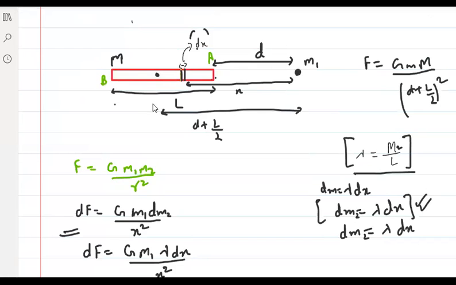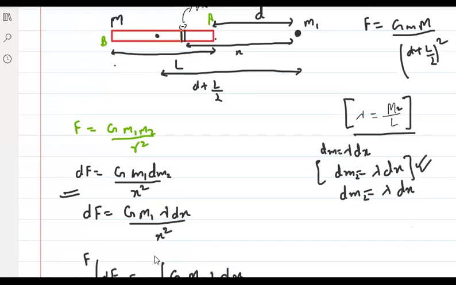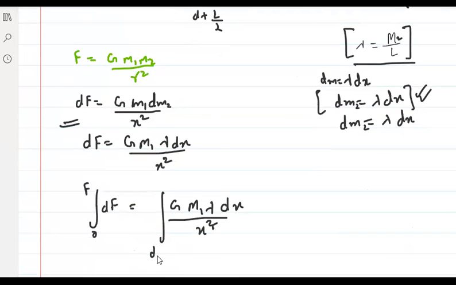This x will vary from d to d plus L, from point A to point B. What is the length of point A? d. And the length of point B? L plus d. So it will be from d to L plus d. Got it?